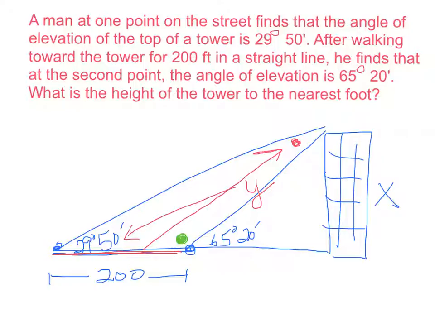Remember to use your second apps button. Do 180 minus 65, hit second apps, and you'll see at 1 is your degree symbol. Hit that, type in 20, do second apps again, go down to number 2, there's your minute symbol, and hit enter.